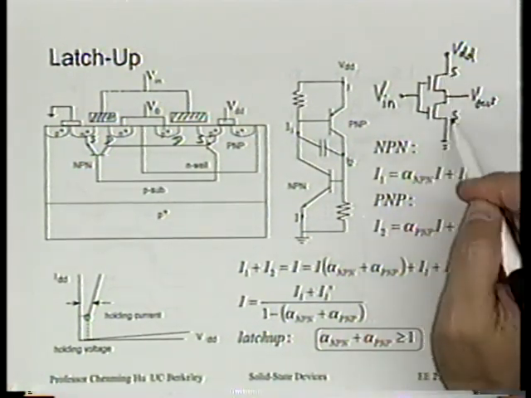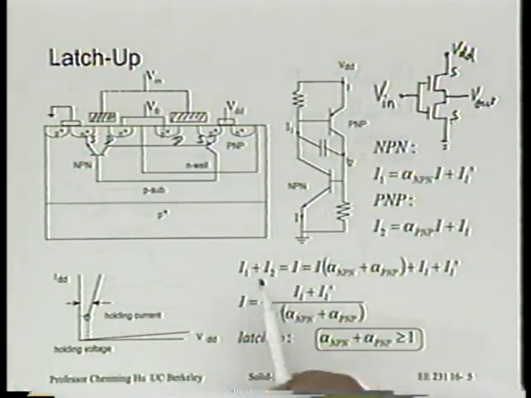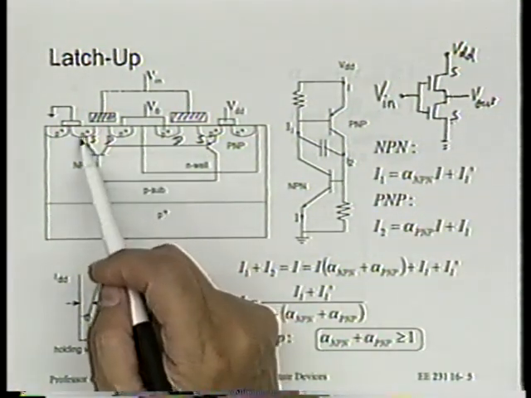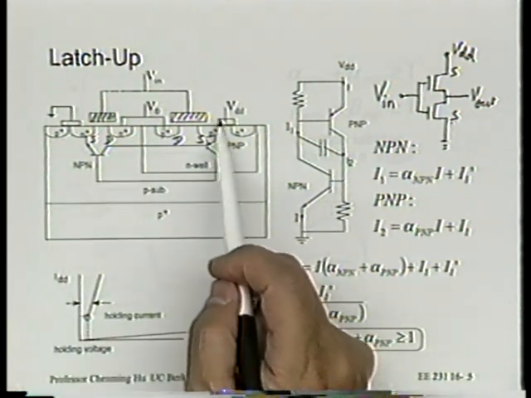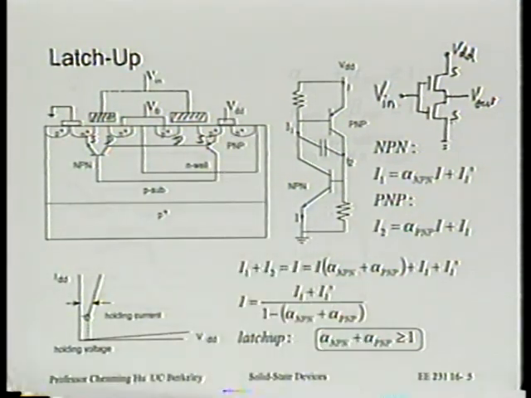The source of the N-channel transistor is connected to ground. The source of the P-channel transistor is connected to VDD. That's the basic connection of a CMOS circuit. The simplest CMOS circuit would be an inverter. Any questions about this cross-section?